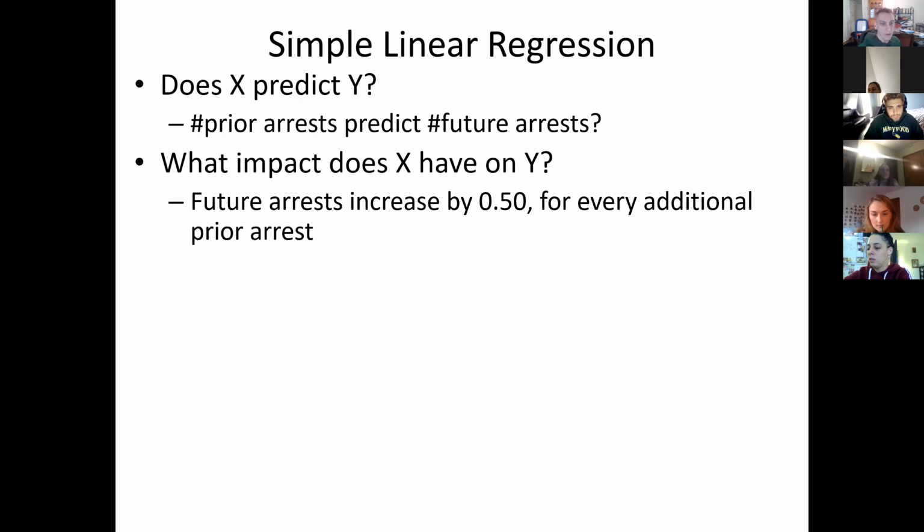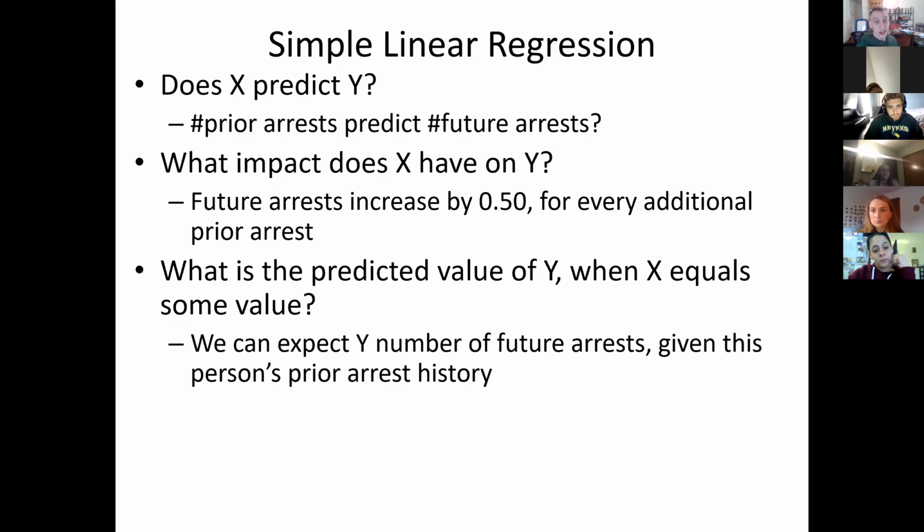You might find that future arrests are increased by 0.5 for every additional prior arrest. So it would take 2 prior arrests to predict one future arrest at some later date. That's another question that regression provides answers to.